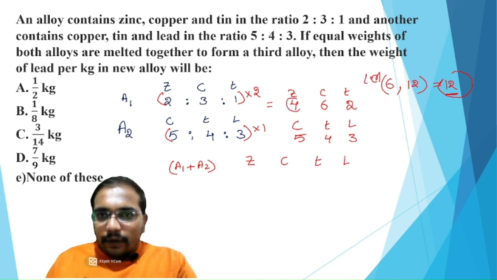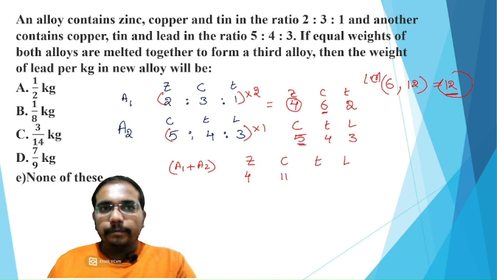Zinc is 4 parts here, so write 4 parts. Copper is how many parts? 6 plus 5, 11 parts. Clear? Tin is how many parts? 2 plus 4, 6 parts. Lead is how many parts? 3 parts.